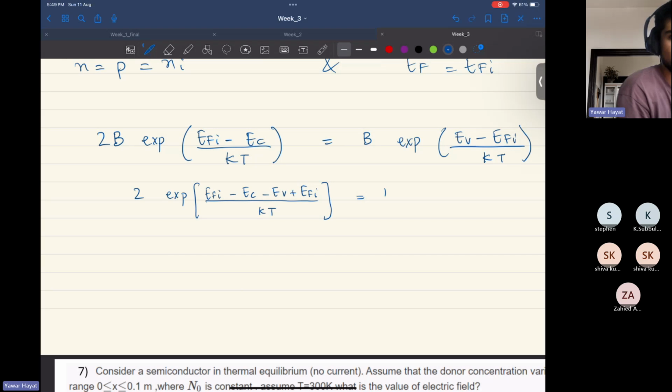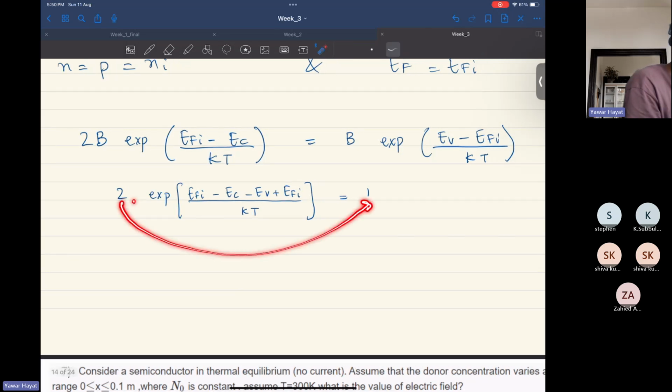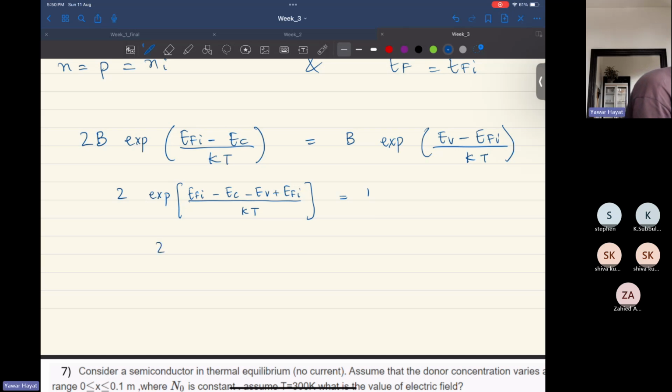Now, if you apply ln on both sides, what would happen? You'll get the following, right? Let me take this 2 first here in the denominator and then apply ln. I'll get the following: (2EFi minus EC minus EV) all divided by KT is equal to ln of 1/2, right?